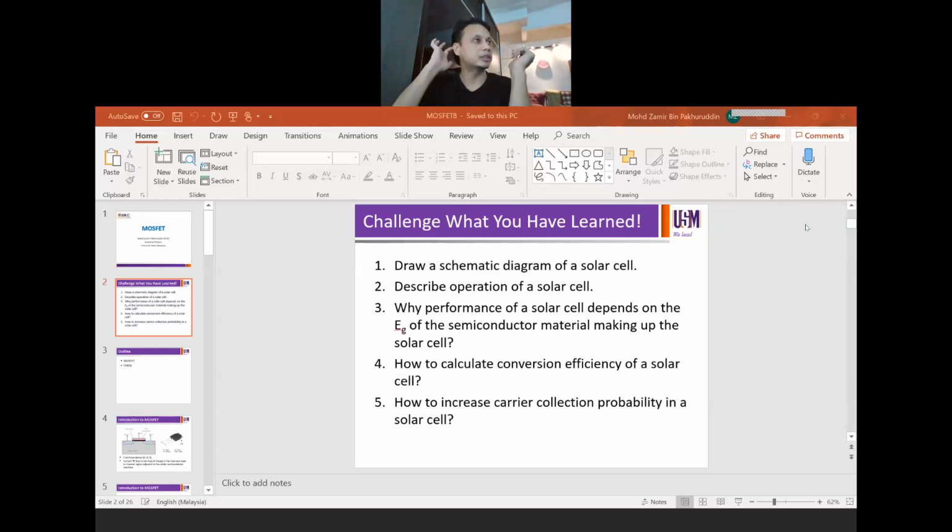Yes, light absorption. Right? Can all spectrum of the light be absorbed? For example, if you use cadmium telluride or silicon, right? No. Okay, why no, Faika? Why can't you absorb the whole spectrum of the sunlight?